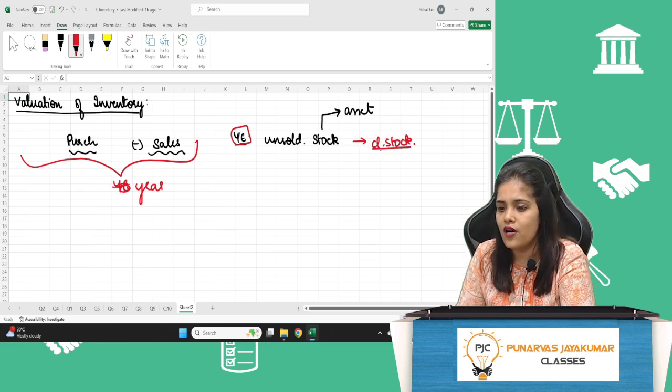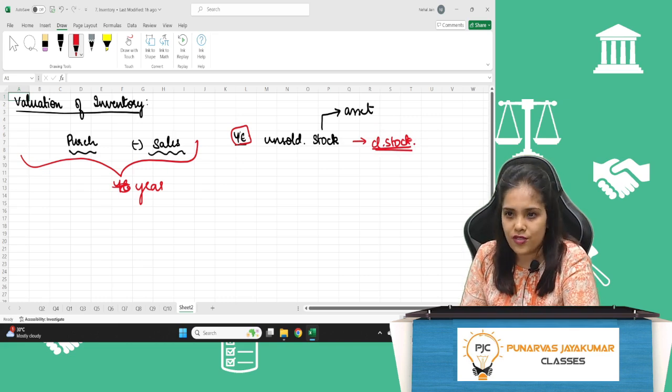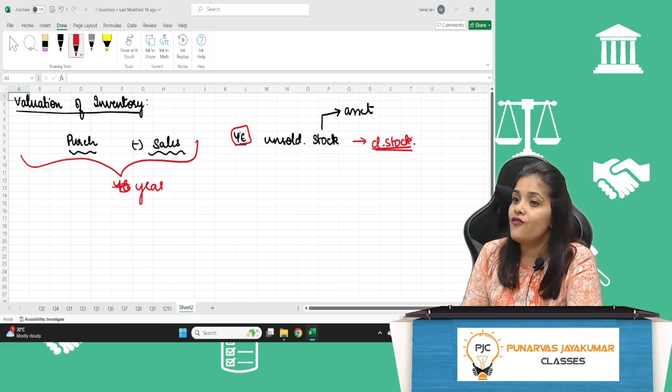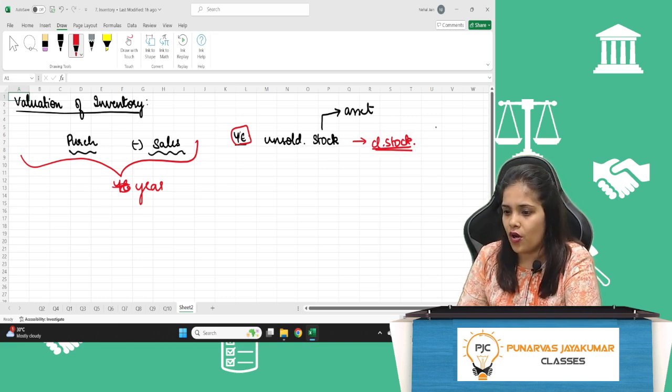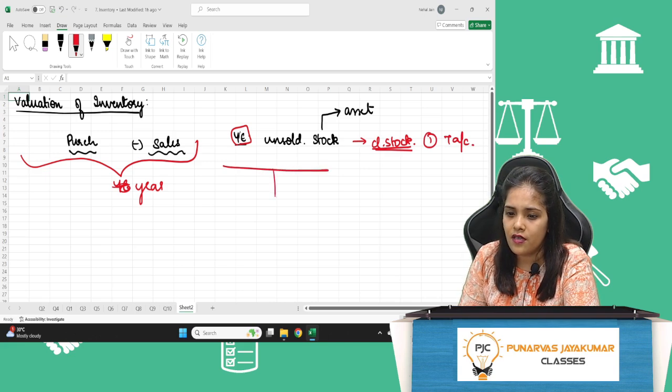And how to value it? First of all, why should you value your closing stock? Because one, closing stock appears in the trading account.